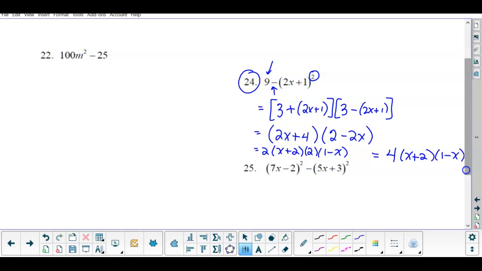You could even factor out a negative if you wanted to, to get the x's at the beginning, but that is fine as well. So you could factor out a negative 1 from here. The 4 would be the same, the x plus 2 would be the same, and this would be x minus 1. Okay, so either of those.